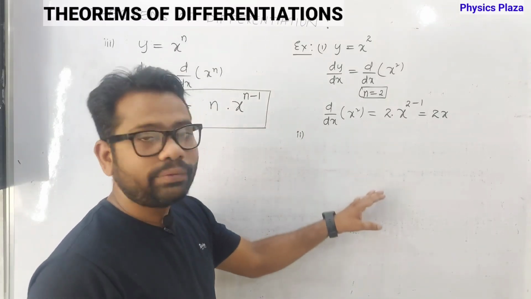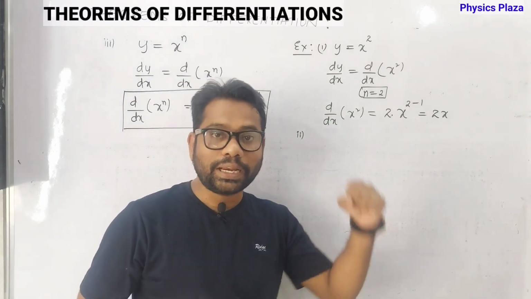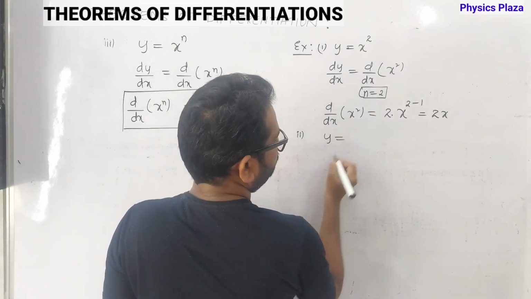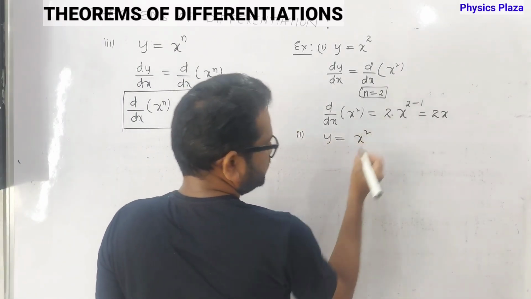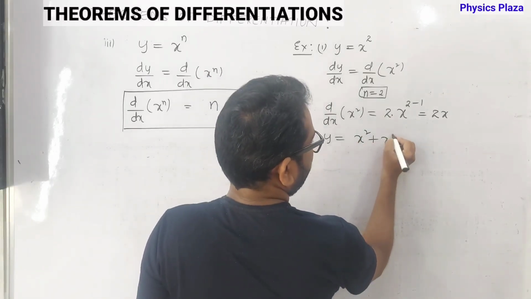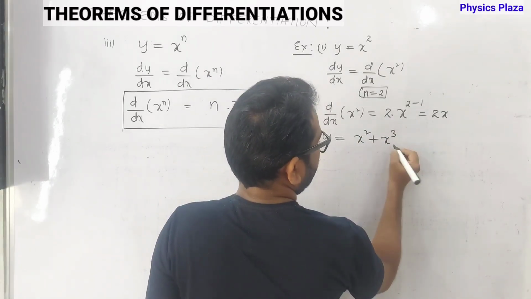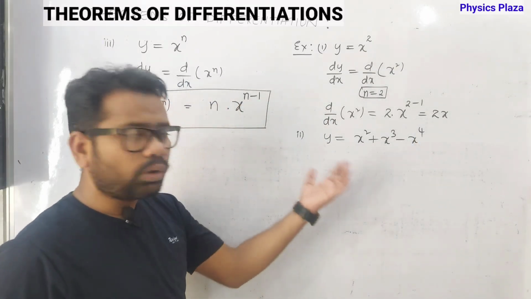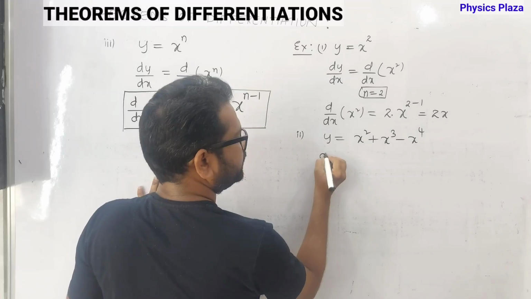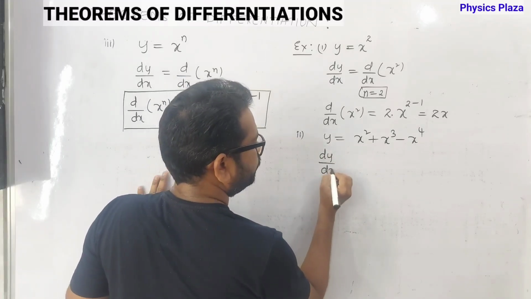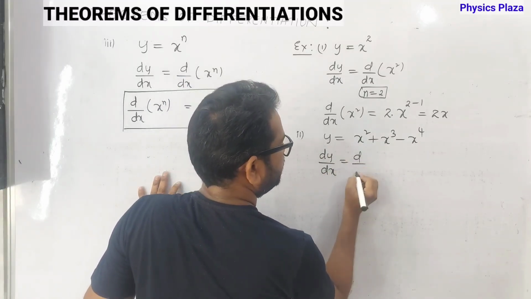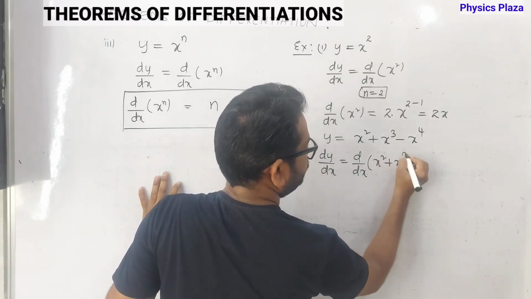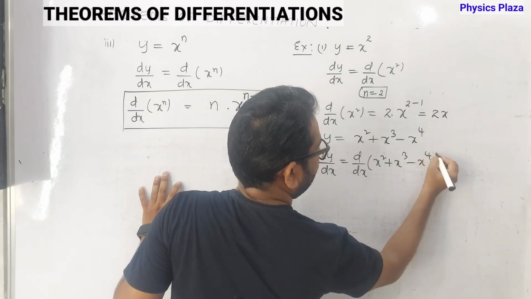Here let us include even the second theorem of differentiation. So y is equal to x square plus x cube minus x power 4. Let us apply the formula, that is differential coefficient of y can be written as d by dx of x square plus x cube minus x power 4.